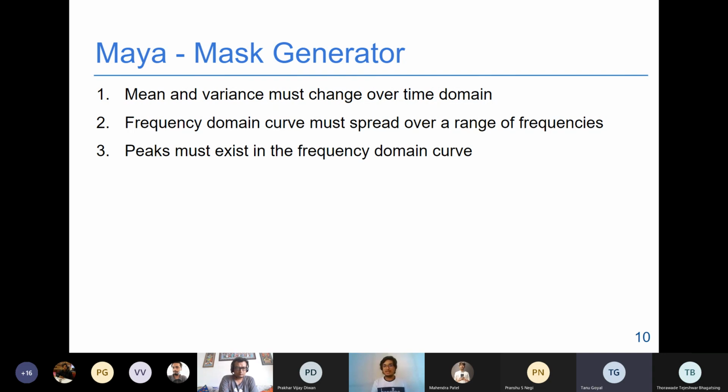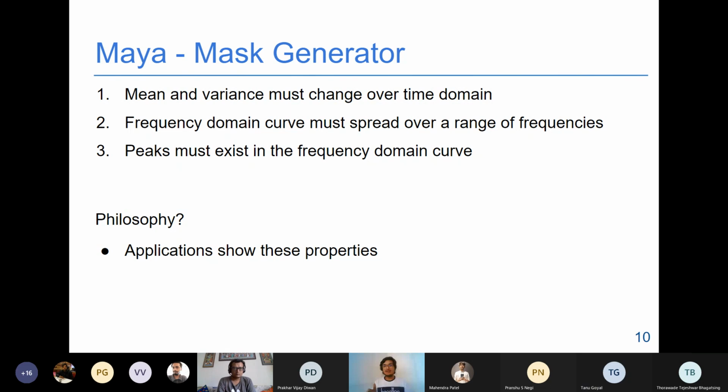Now, what is the philosophy behind having these requirements? The first thing is that applications tend to show these properties in their power traces. If you try to generate a mask which does not show these properties, then you are asking the controller to basically make these properties disappear from the power traces of the applications, and that cannot be done.